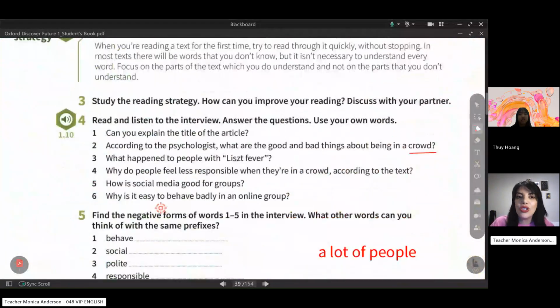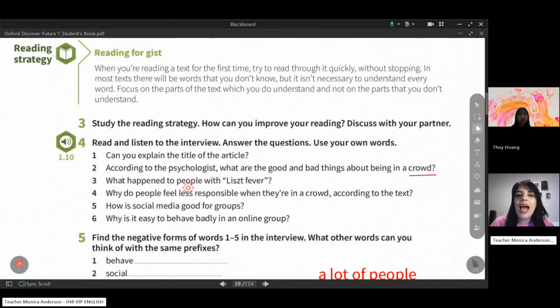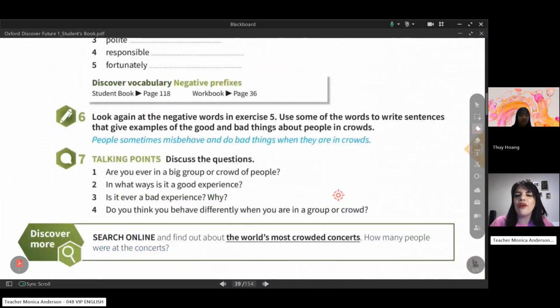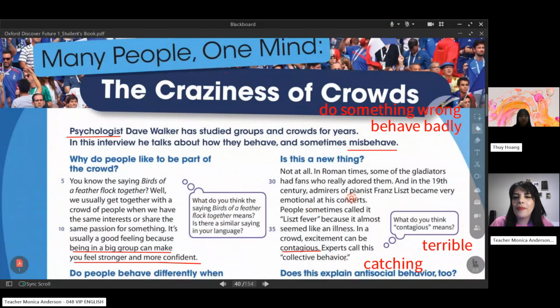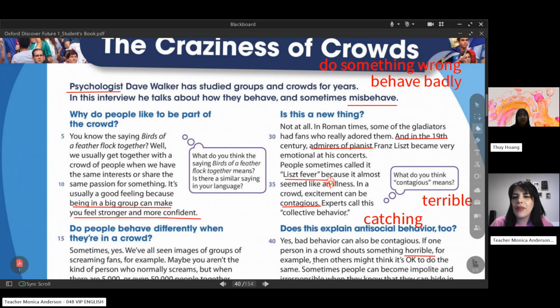Okay, and the last question, so let me ask you, what happened to people with Liszt fever? What is Liszt fever? Let's check. First, let's read it, please.